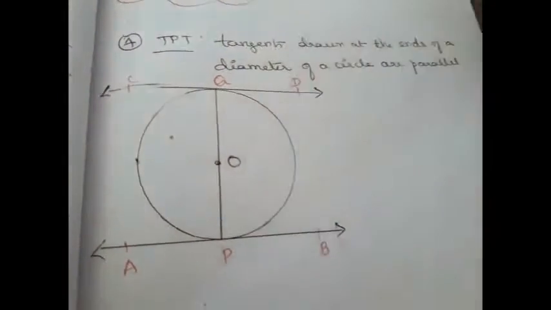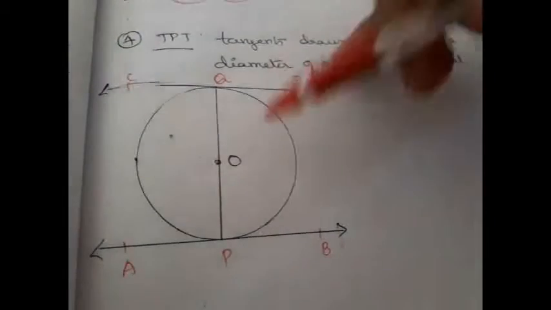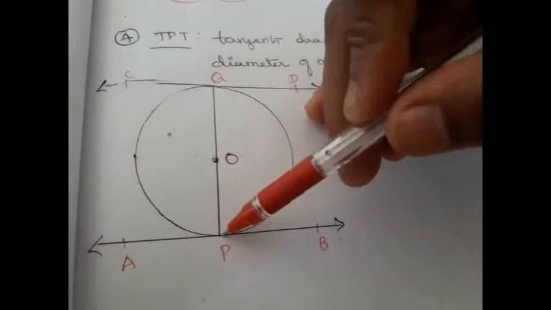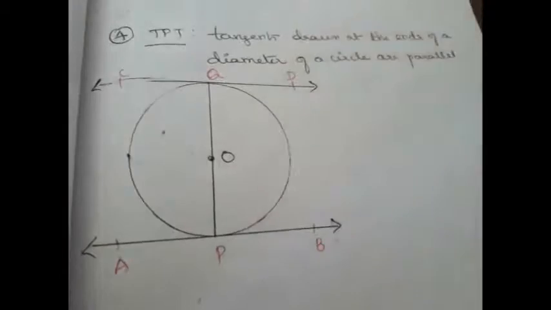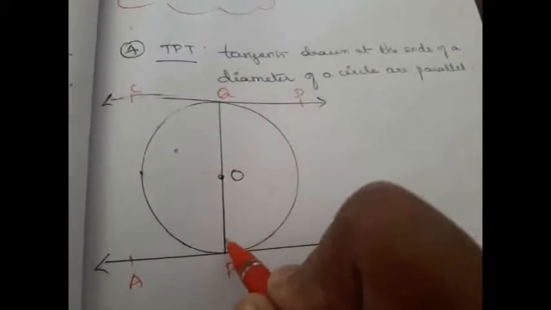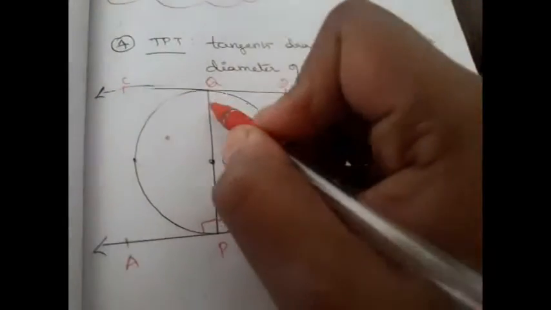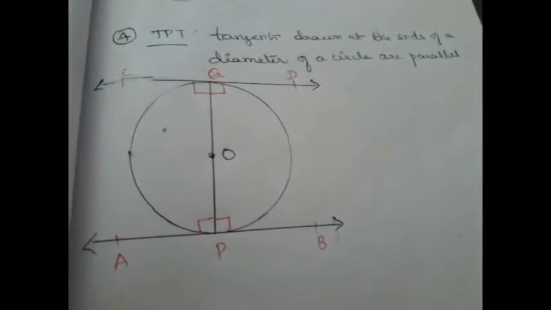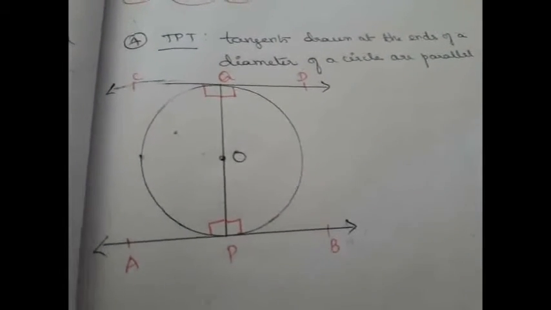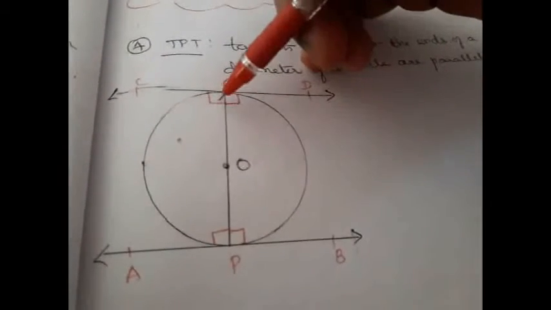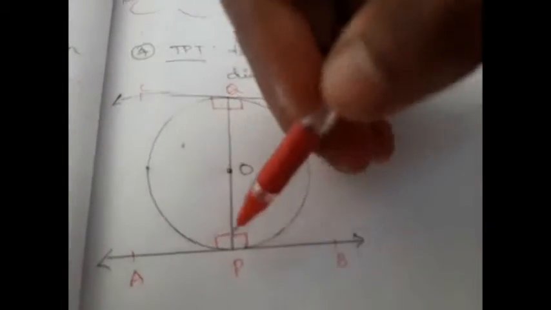Just now we recalled a theorem which says that the radius drawn at the point of contact of the tangent is perpendicular to it. Therefore, this angle is 90 degrees, this angle is also 90 degrees, and hence this is also 90 degrees, and this is also 90 degrees. Yes? Hence you can infer that this angle is equal to this angle.